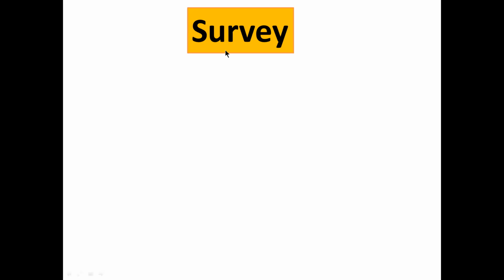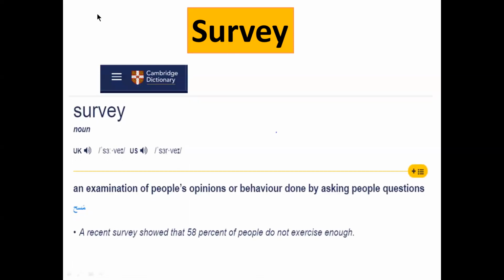Now, coming to the second step is the survey. So you are going to do a survey to collect information from other people. What's a survey? Let's look at the dictionary entry. You can see the Arabic entry here.